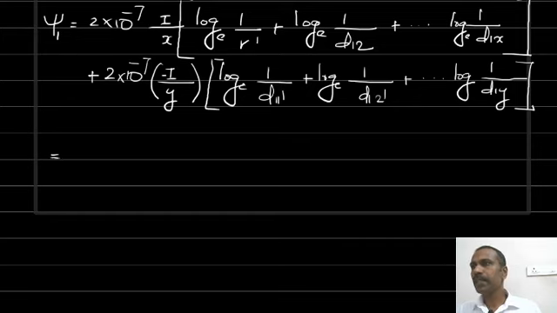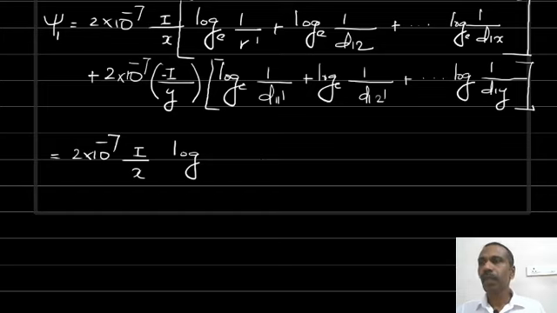This can be written as 2 into 10 raised to minus 7, I by X, log. It is in the form of log x plus log y, which is equal to log xy.